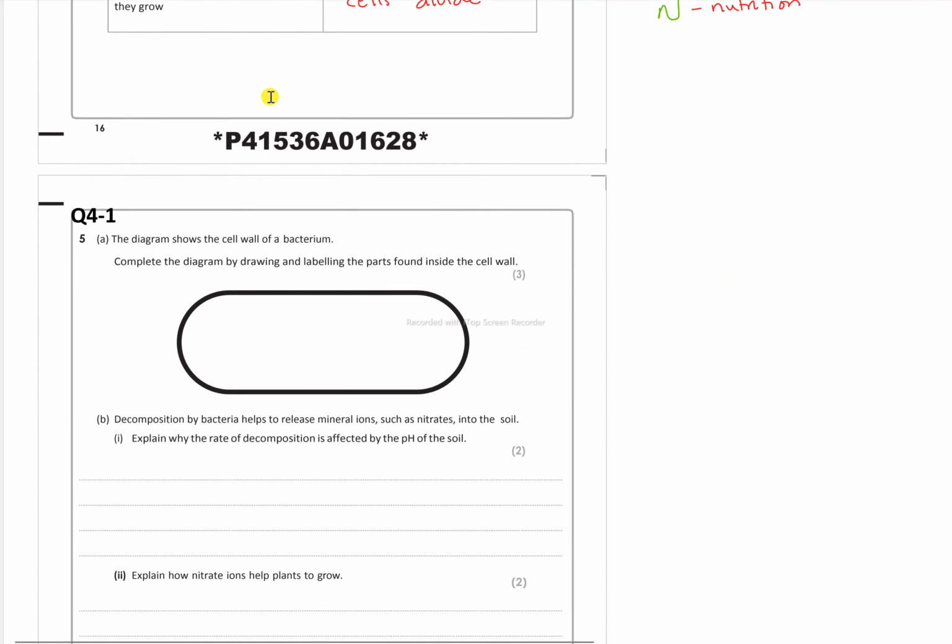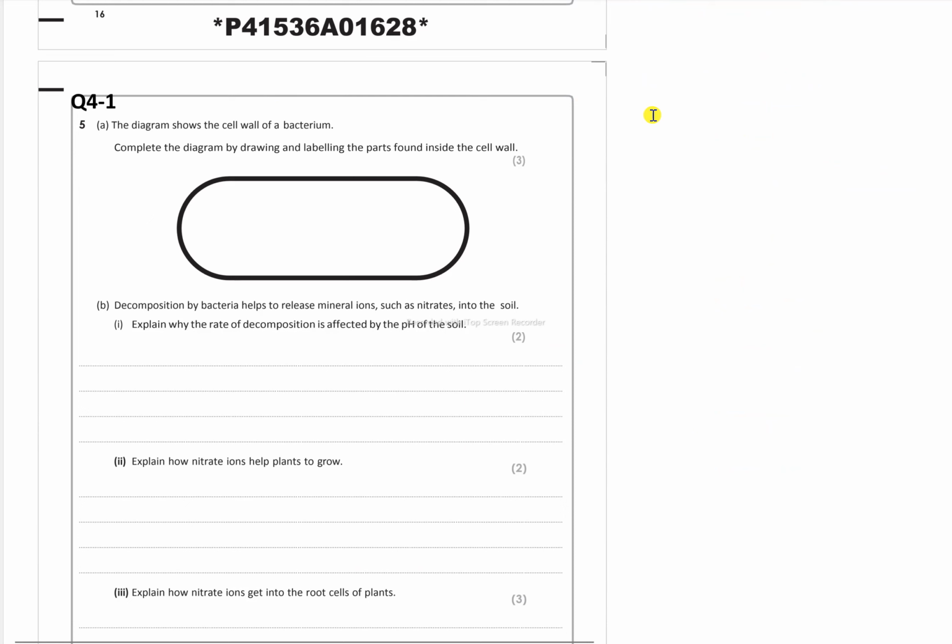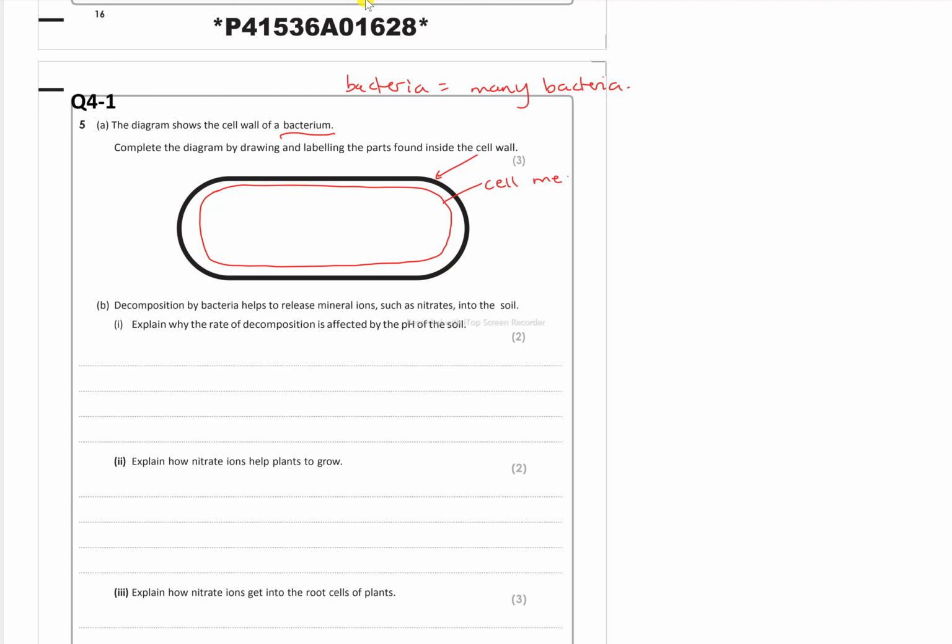Right. This is the cell of a bacterium. Many bacteria. Right, so you've got the cell wall. Then you've got the inside. I should really draw it closer, but that's like a sac, and that is called a cell membrane.